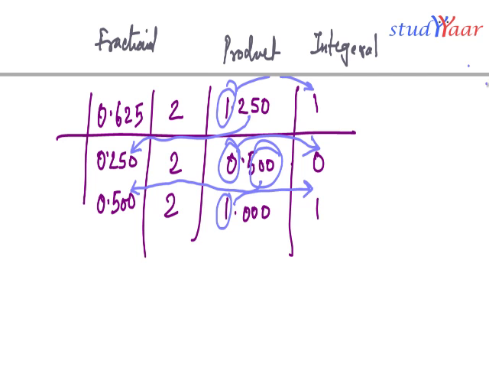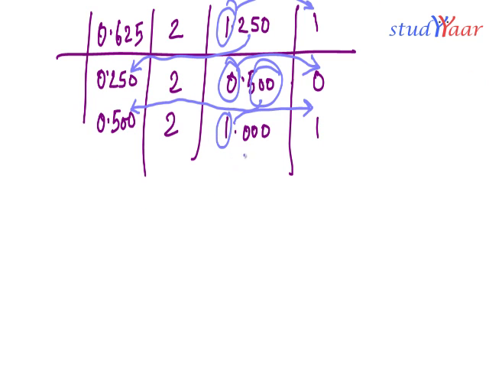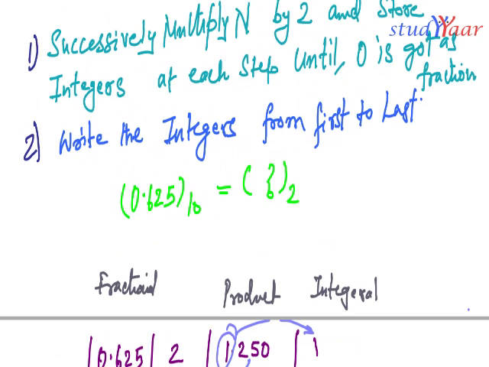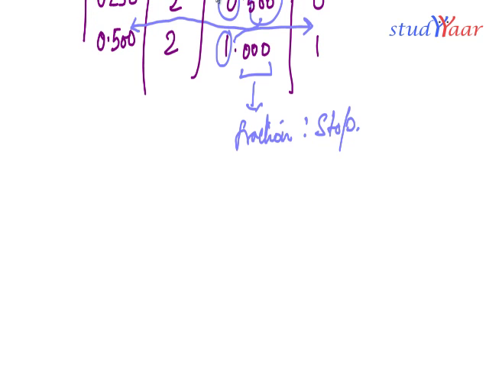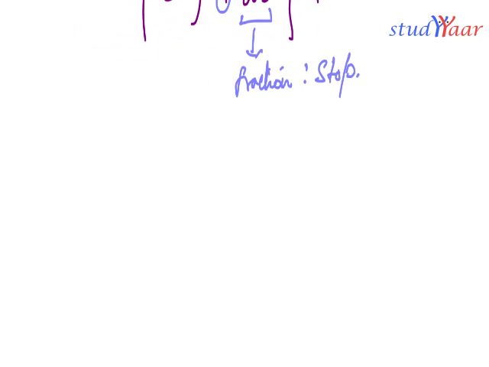Now that we have 000 as fraction, therefore we stop. The next step is to write the integers from first to last. So I'm going to write it as 1 0 1.